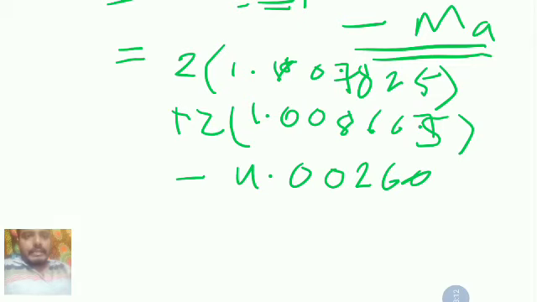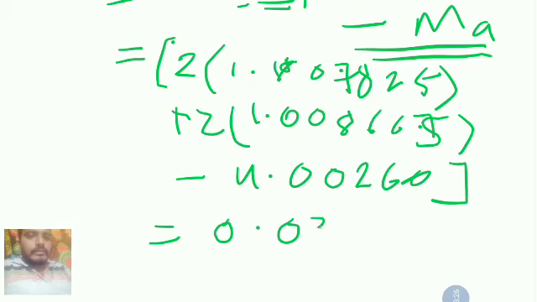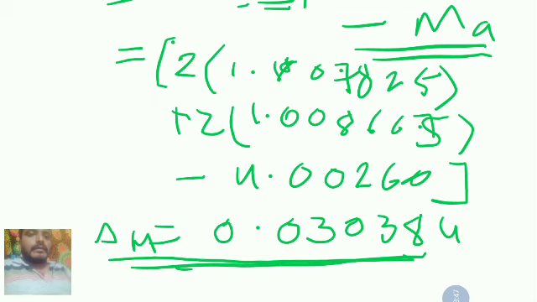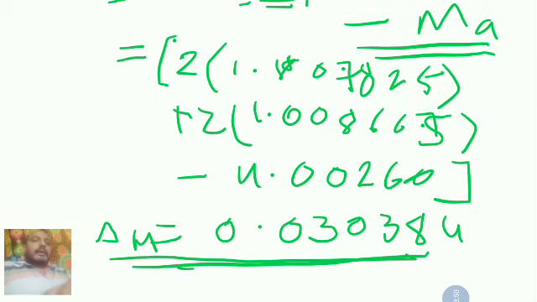So it is the mass defect. Simplifying, we get the answer 0.03038 units. So it is the delta m. What is this delta m? It is the mass defect of the alpha particle.